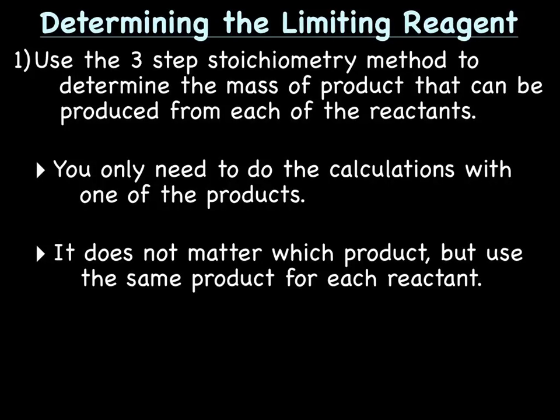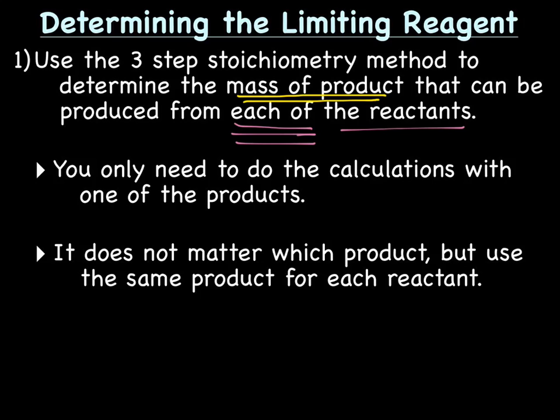So we now know what a limiting reagent or limiting reactant is. How do we figure out which of the reactants in a particular reaction is the limiting one? The first thing you're going to do is use our three-step stoichiometry method to determine the mass of product that can be produced from each of the reactants.